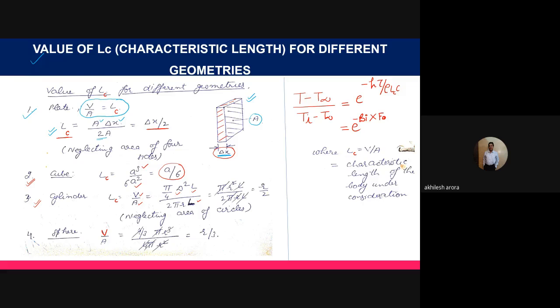When we cancel out the various terms, the final value comes out to be r by 2, and it can also be written as d by 4. Then in the case of a sphere, the value comes out to be r by 3, by putting the volume as 4 by 3 pi r cube and the surface area as 4 pi r square. So this is the value of the characteristic length, or we can call it d by 6 also. I hope this part is clear to you.